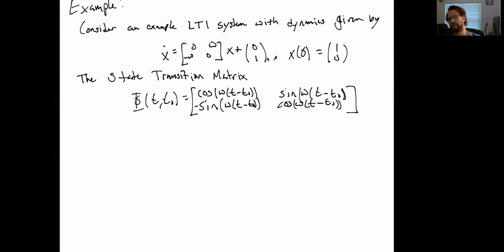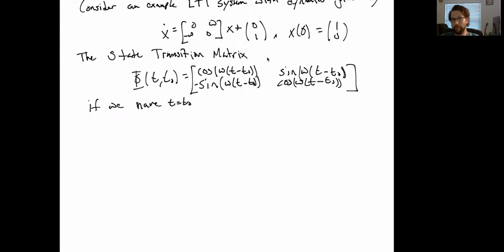That is, if we have t equal to t naught, we expect phi of t naught, t naught to be equal to what?